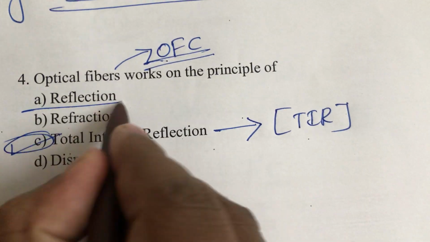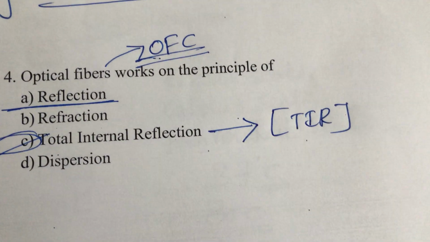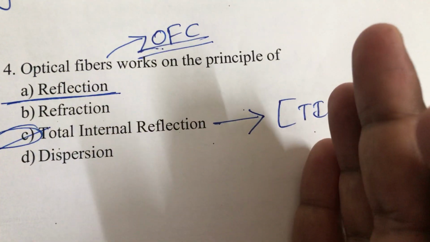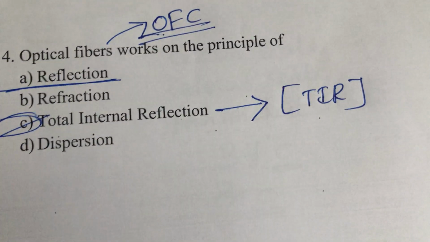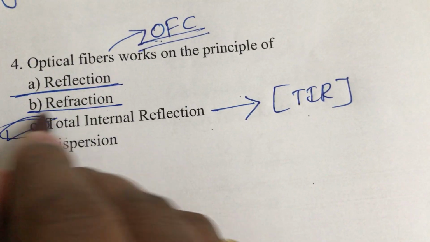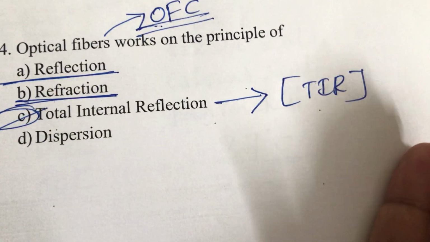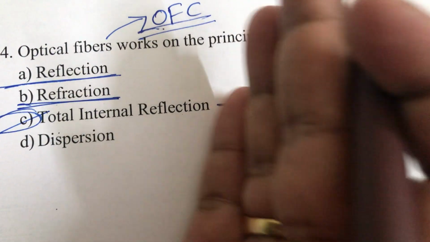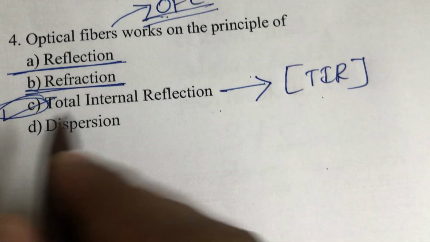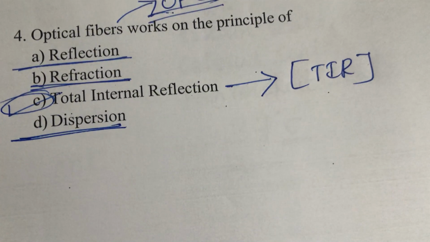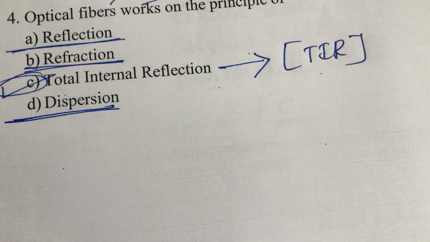And how about reflection? Reflection is the process of bouncing back of light to the same medium. And how about refraction? Refraction is the process where light changes its path while traveling from one medium to another medium. Dispersion is another important phenomenon we can observe in nature.